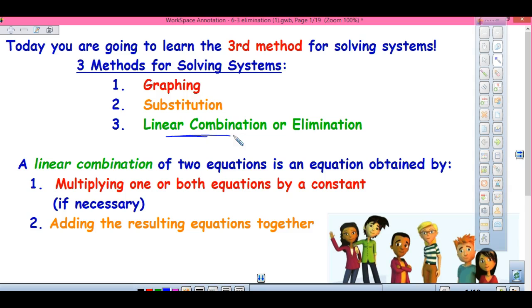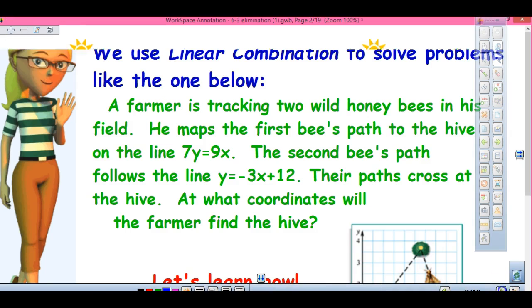That's kind of a lot of work, right? Okay, so with elimination, if we have two equations in standard form like this, we're not going to have to move stuff around in order to do it. Deal? Yes? Okay, good.